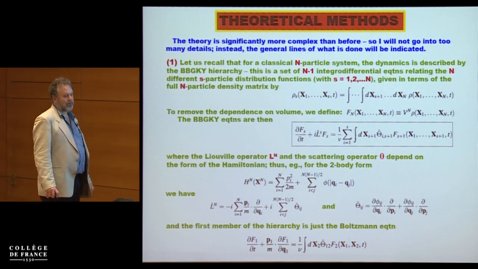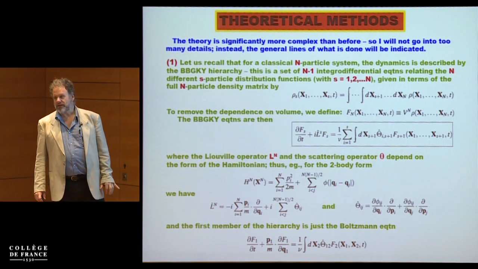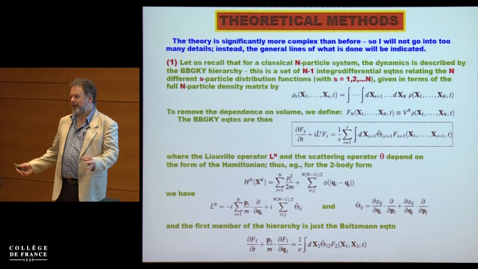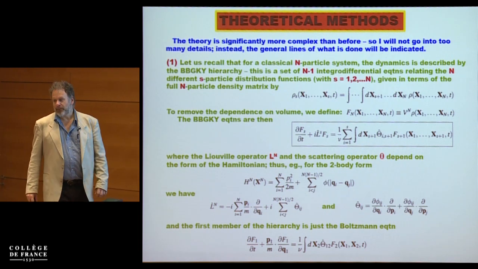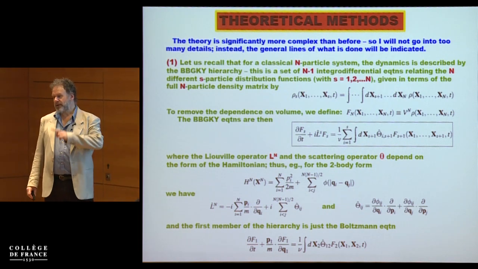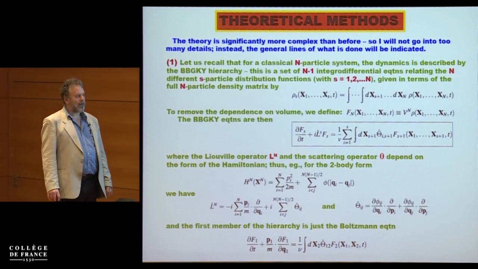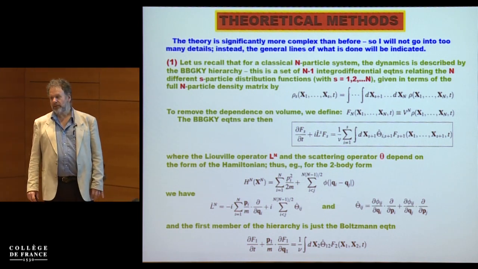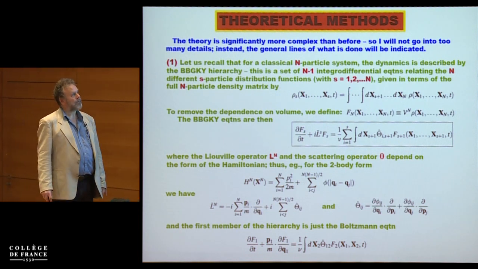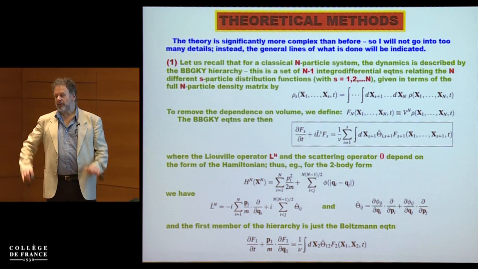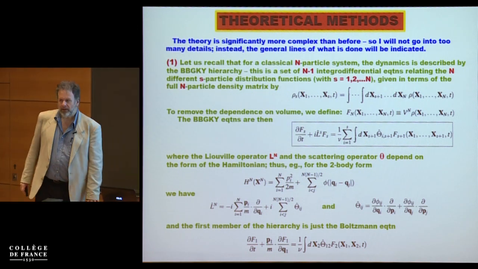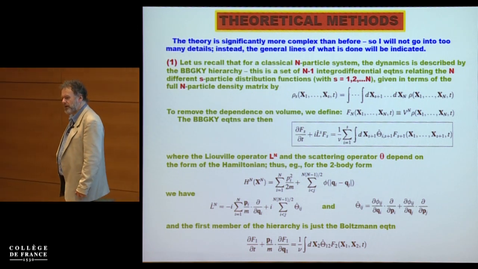But the question is, how does one attack a problem like this? Because you already saw that when we attack a problem of a central spin coupled to a bath, things can get very complicated when there are long-time memory effects in the interaction. So you could imagine that it can get extraordinarily complicated when you have some general network. And that's true. So let me just give you an idea of what one does. I think many of you will probably have heard of the BBGKY hierarchy.